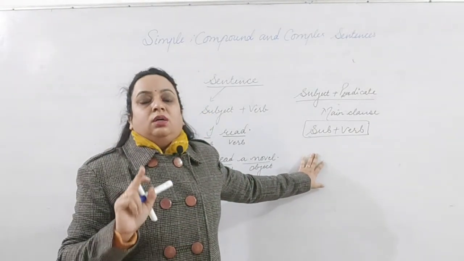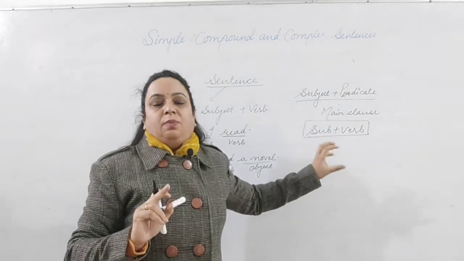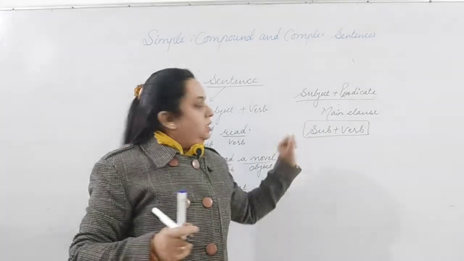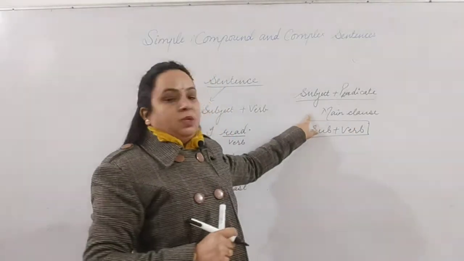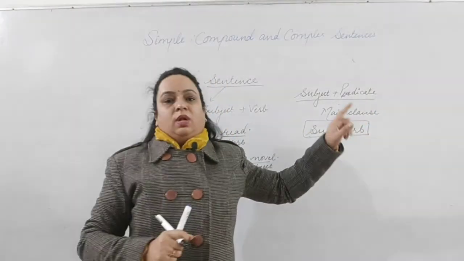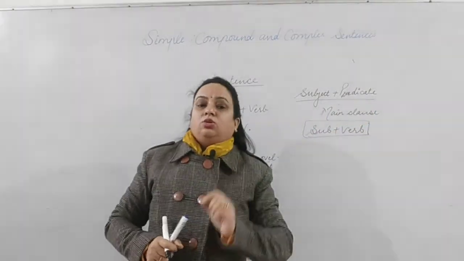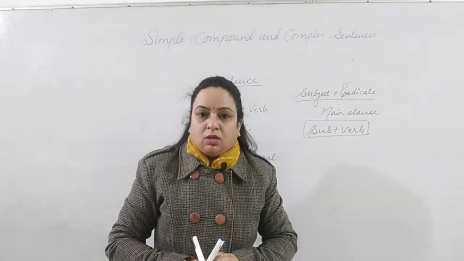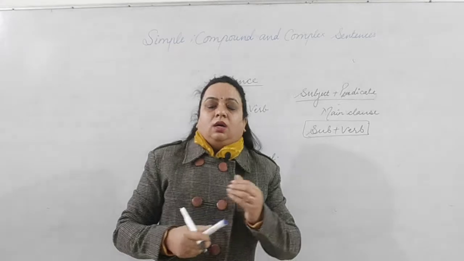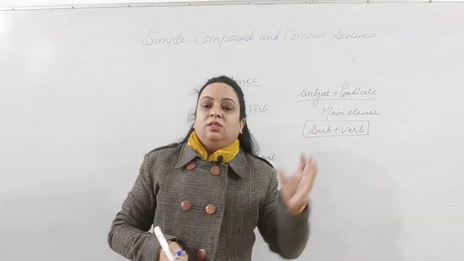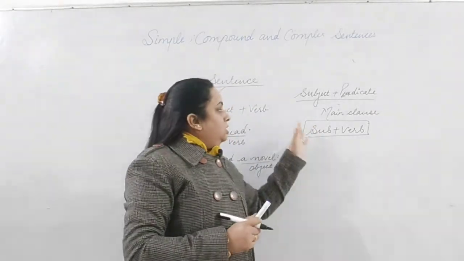And please remember that a clause is a kind of sentence which has a subject and verb. This is also known as the principal clause, the main clause, and the independent clause, because it has a meaning itself and does not require anything else to add meaning to it.